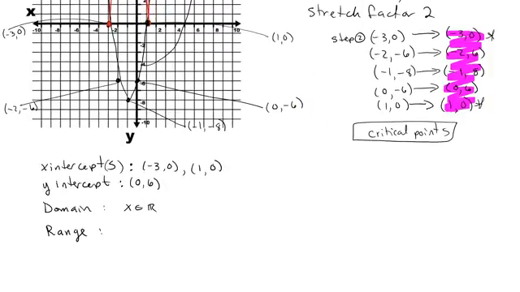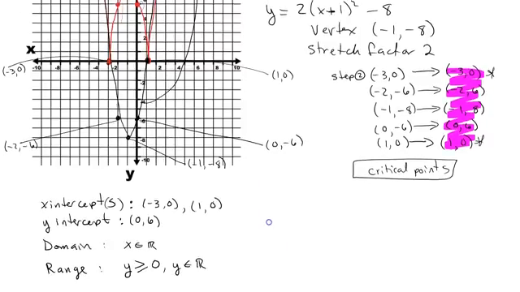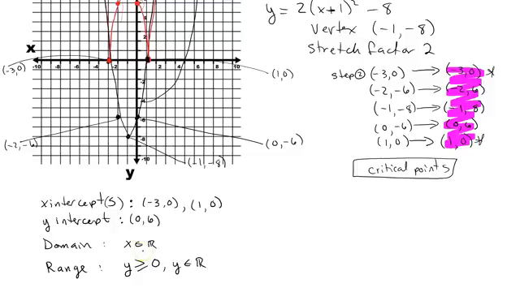So in this one, we're going to say y is greater than or equal to 0, and also y is an element of the reals. So it's a little bit different than finding the domain and range of the original parabola. When we're talking about the absolute value of a parabola, it can be greater than or equal to 0.